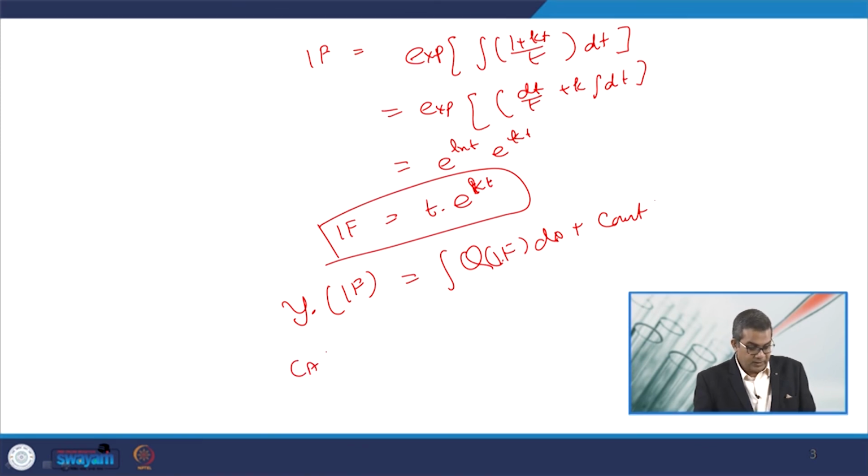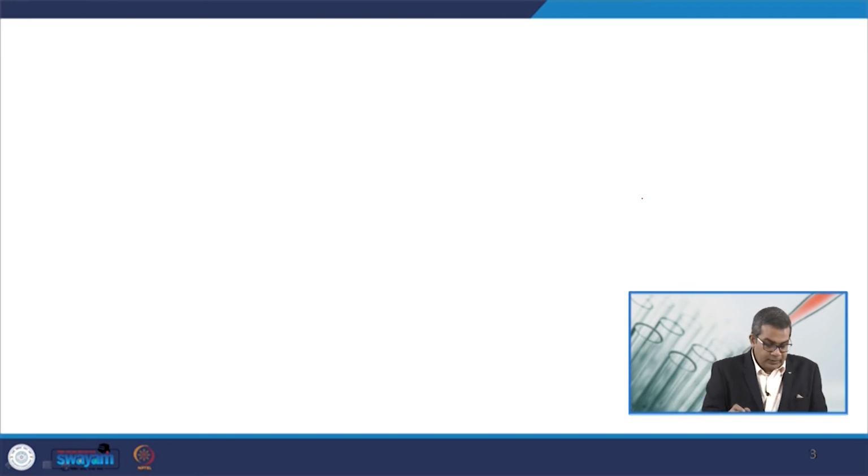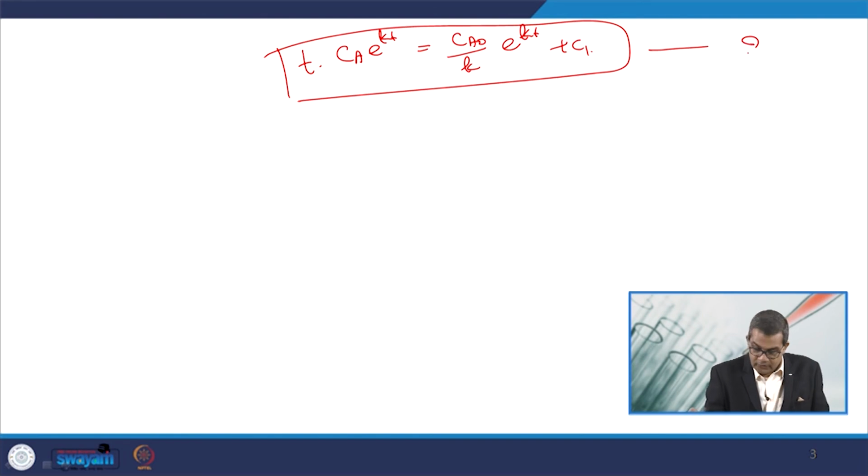So CA times t e to the power kt is equal to the integral of (CA0/t) times t e to the power kt dt plus the integration constant C. And this can be written in a more precise manner: t CA e to the power kt is equal to CA0/k e to the power kt plus C1. This is my equation number 2.